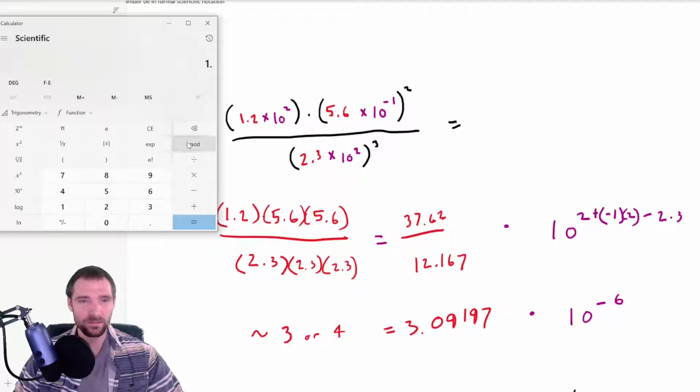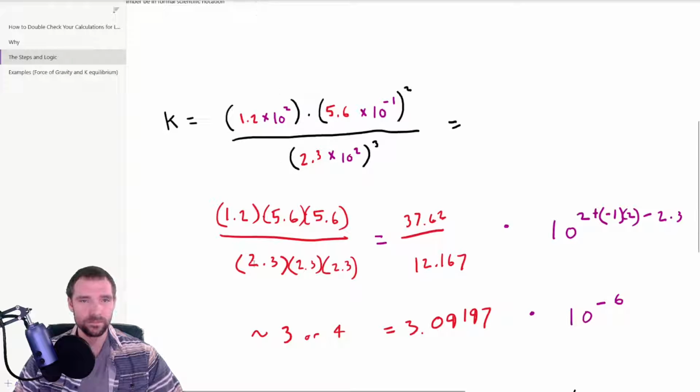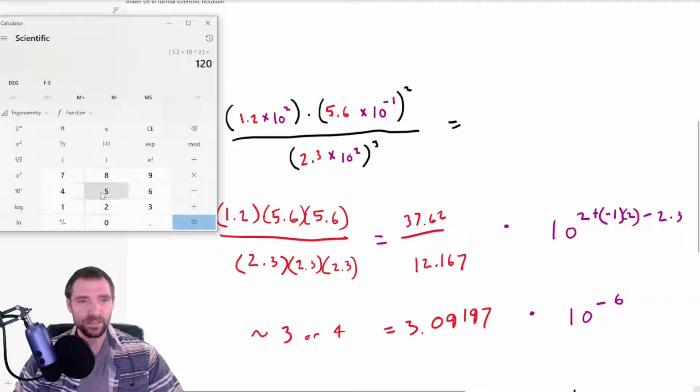So we got 1.2. I'm going to try and show you how I would do this on the computer. It's been a while since I've done these types of calculations on an actual calculator, but this is kind of what you'd see on the top. This times, hit the wrong button there somehow. So we've got that times 5.6 times 10 raised up to, it looks like, a negative 1 power.